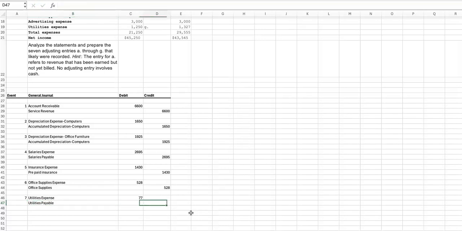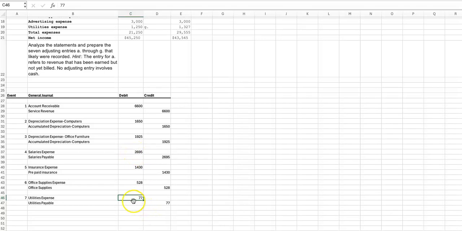I didn't find too much information on this one, but what I'm guessing is it's similar to maybe insurance expense or salaries expense, because there is an ongoing transaction. In this case, like the salaries expense, they didn't pay it originally, so it goes into the payable, but once they decide to pay it, they'll take it out of their cash.